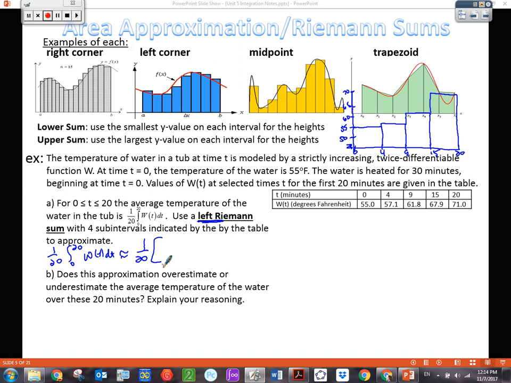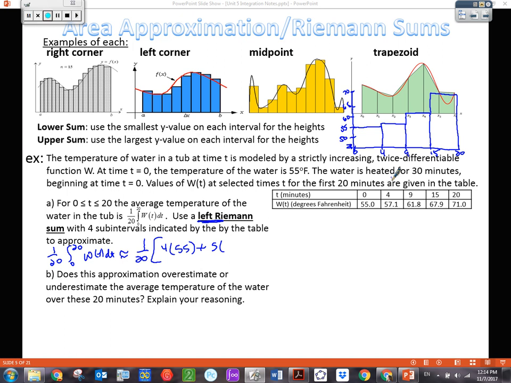So now I have to write these numbers down. So this width, that's 4, right? The width of my rectangle is 4 times my height. My height, we decided, was 55. Plus the width of this rectangle, what is that, 5?